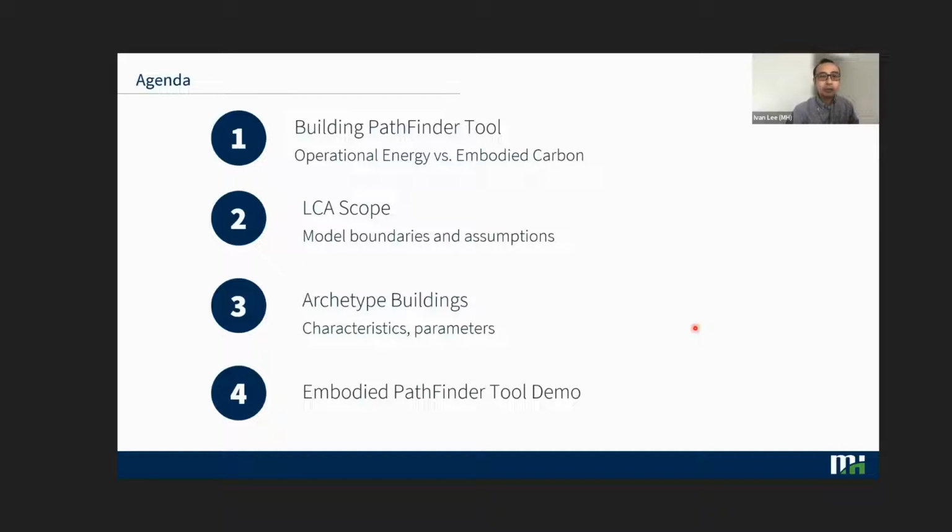We'll then get into more specifics of the LCA models that we've created, talk about the scopes, the model boundaries and assumptions, and then go into a brief description of the archetype buildings within the tool itself, talking about the parameters as well as some of the characteristics, so that you have a better understanding of what the buildings are. And then we'll go into a really quick demo showing you around the tool and how to move around it and get some information.